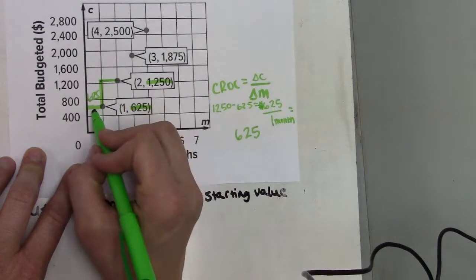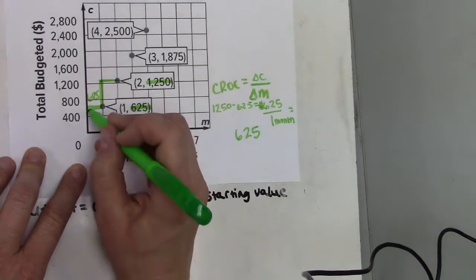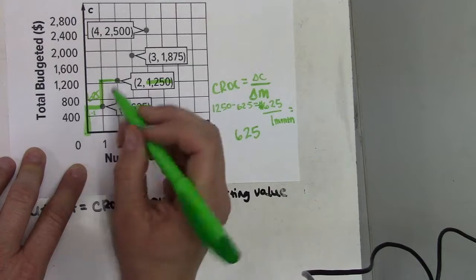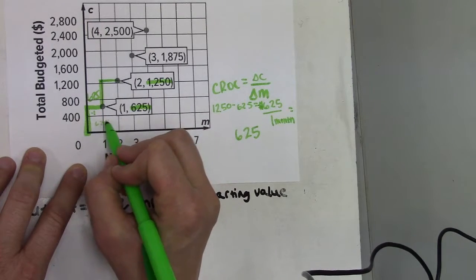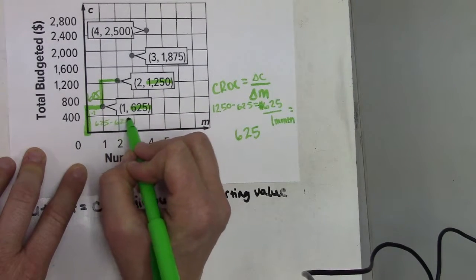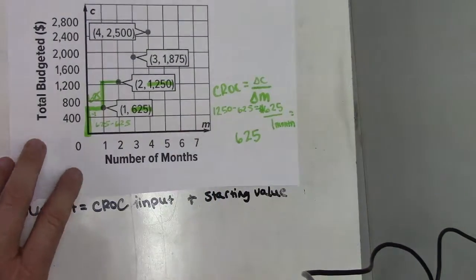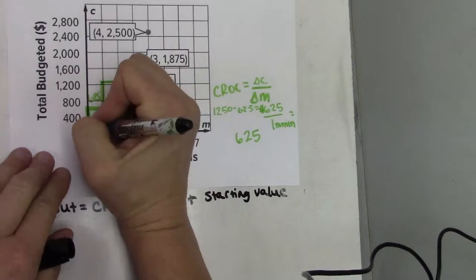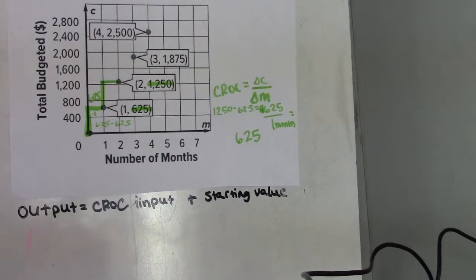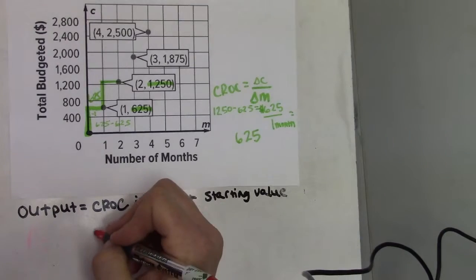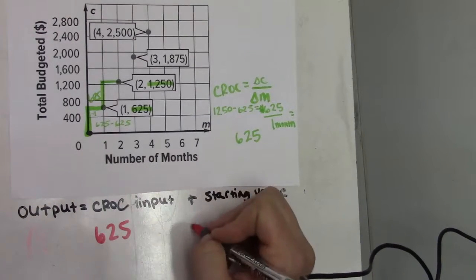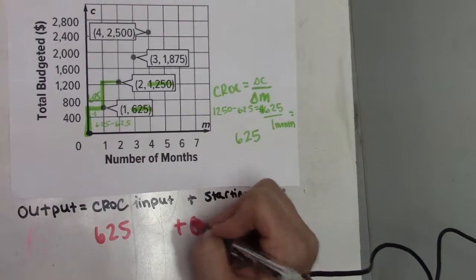So if we go back 1 month and subtract $625, well, what's 625 subtracting 625? And that would be 0. So our starting point would be at 0, 0. So now we have a constant rate of change, which is 625. And we have a starting value, which is 0.